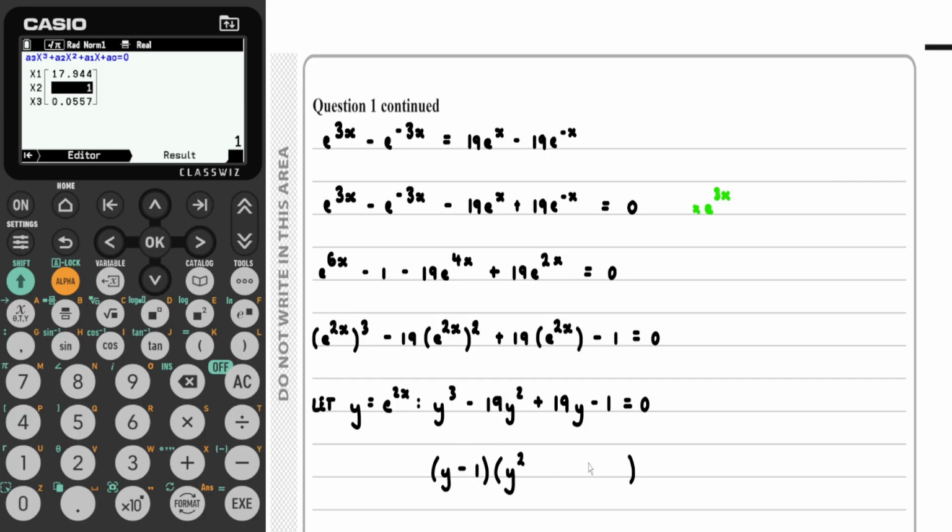We have negative 1 multiplied by 1 gives us negative 1, and by inspection we have negative 18y. That is because we would have y times by 1 multiplied by negative 1 times by negative 18y, which gives us the 19y. So we have y subtract 1 multiplied by y squared subtract 18y plus 1 equals 0.